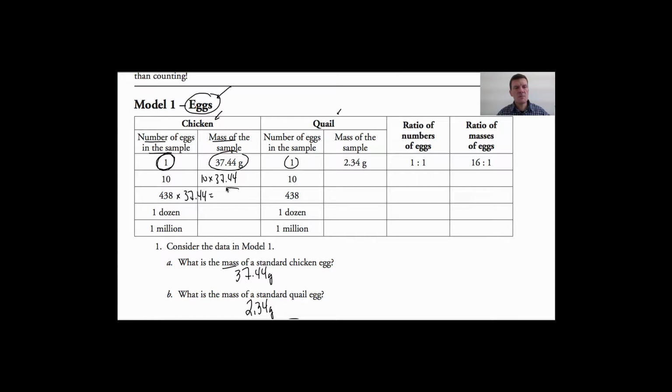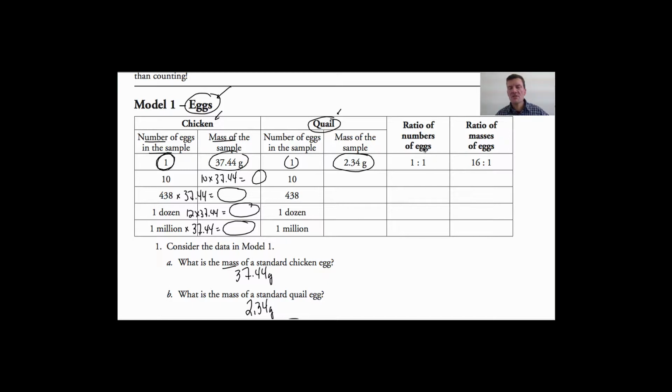For a dozen, you take 12 times 37.44. And for a million, you take a million times 37.44. Same thing for the quail eggs, but now you multiply by 2.34, the mass of a quail egg. I'll let you do that.